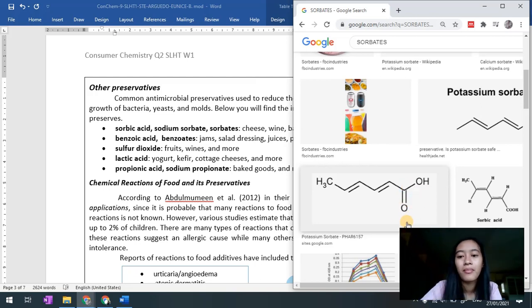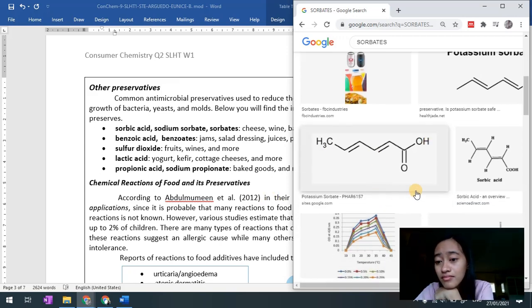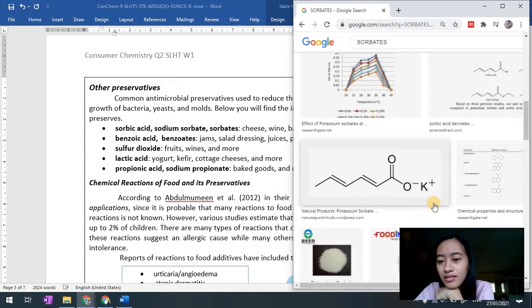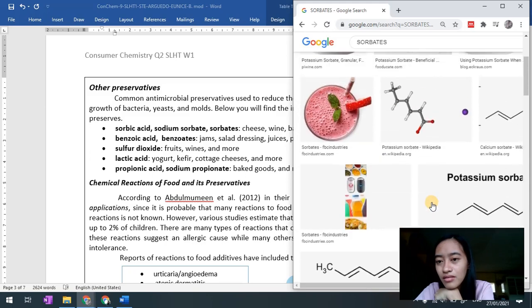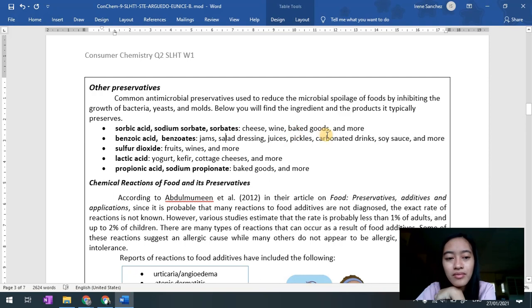No, it's not a ketone. It has a carboxylic group, COOH. Okay, looks like a salt. And it's added also in the cheese, wine, baked goods, and more.